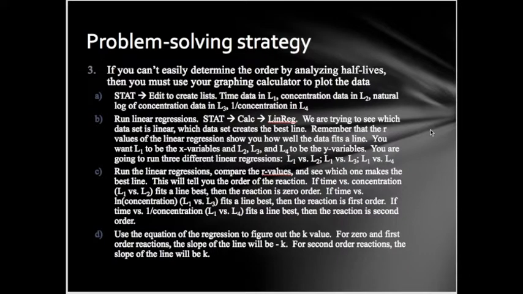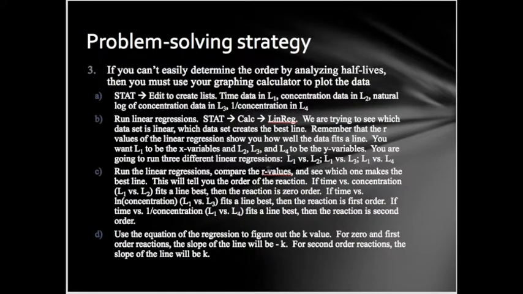So what we're going to do is create 3 different linear regressions. For each of them, we're going to have L1 be the x variable. Remember, time data is L1. In our first, second, and zero order integrated rate laws, time is always the x input, the independent variable. And then our y variables will be list 2, another one with list 3, and another one with list 4.